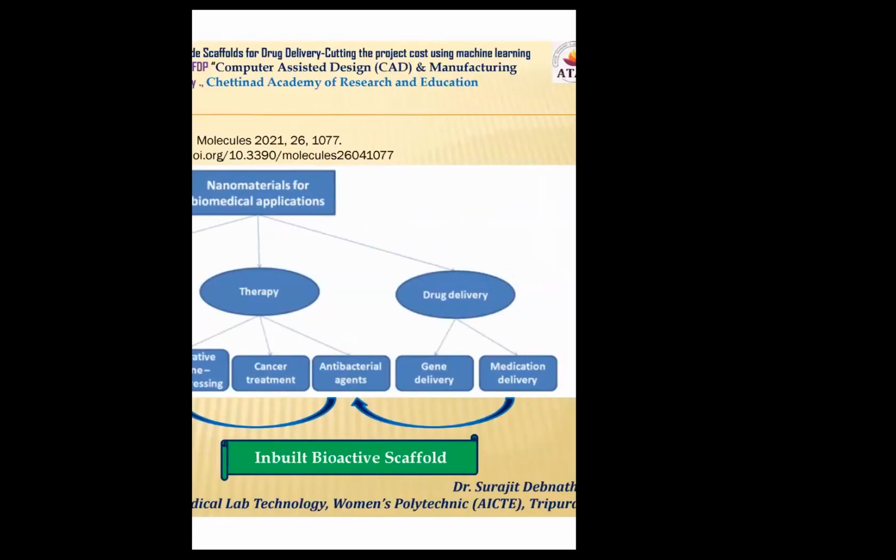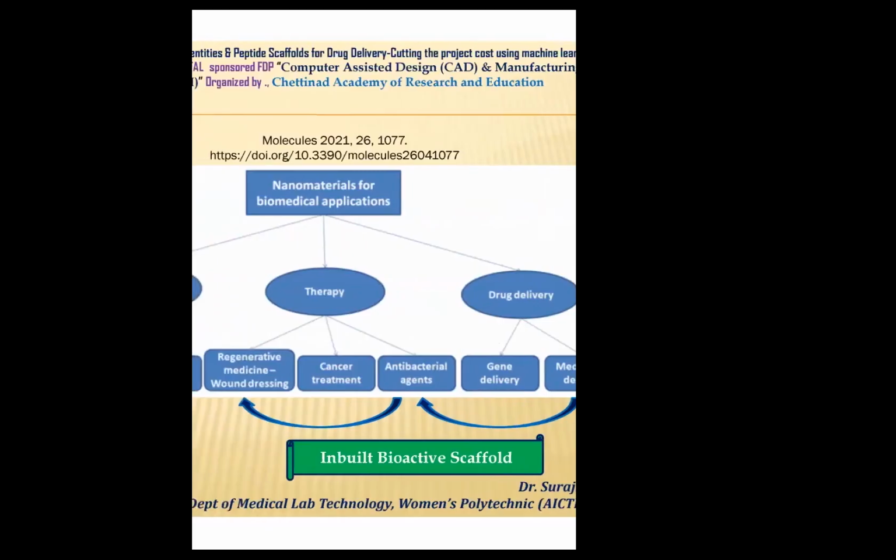So you are delivering a drug within a scaffold which is already antibacterial and also has some regenerative properties. Ultimately, there is a combination of more than one property already built into it. We are far ahead, but we have not reached the goal of making it a practical utility. We anticipate that in the near future our lab will get sufficient funding, and subsequently we can move ahead with this.